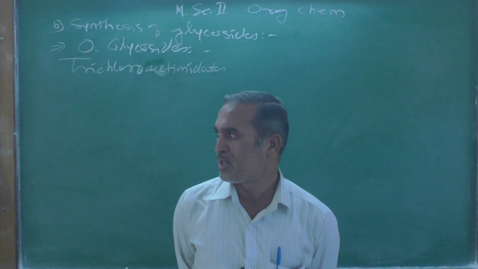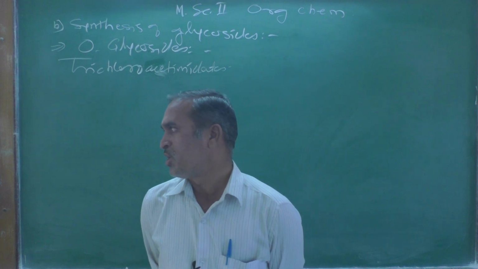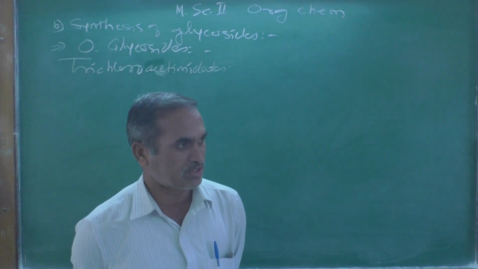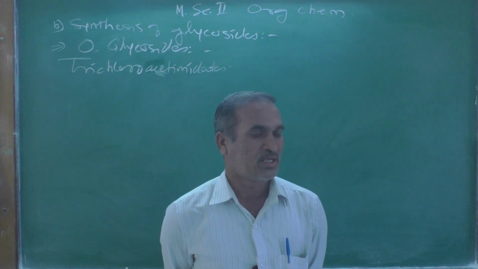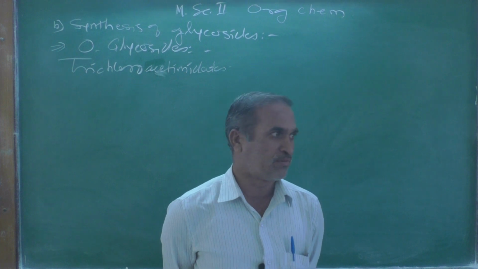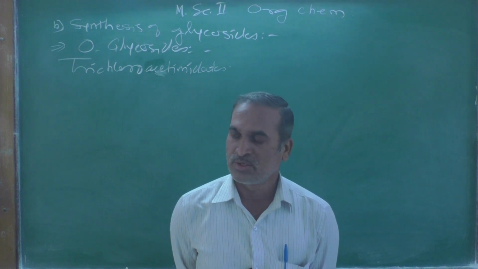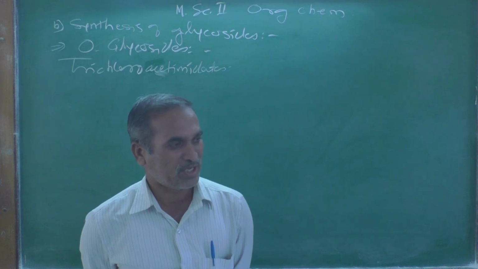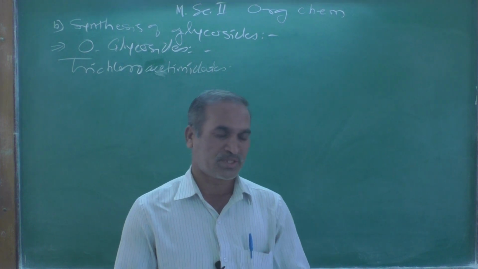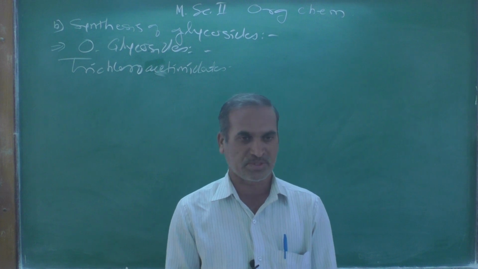then that compound turns optically inactive in nature, but those compounds do not possess any kind of symmetry. Just now I mentioned plane of symmetry, center of symmetry, or alternating axis of symmetry.